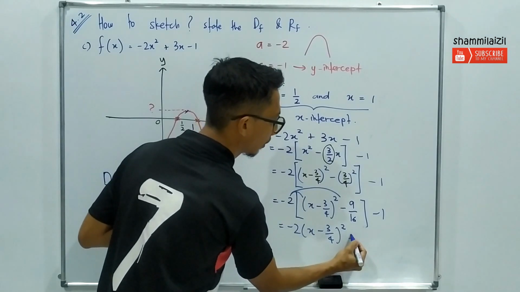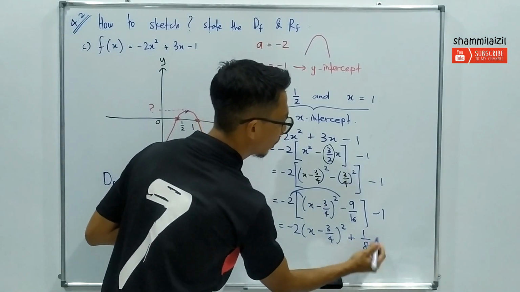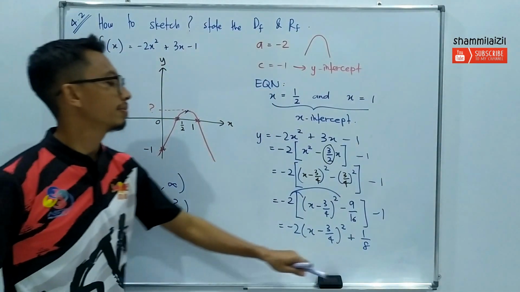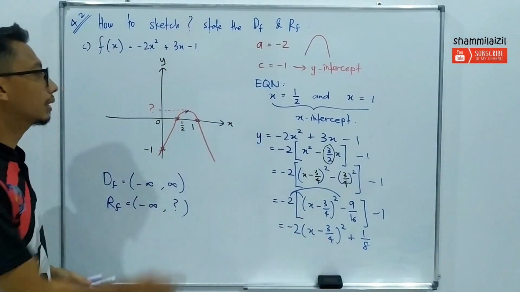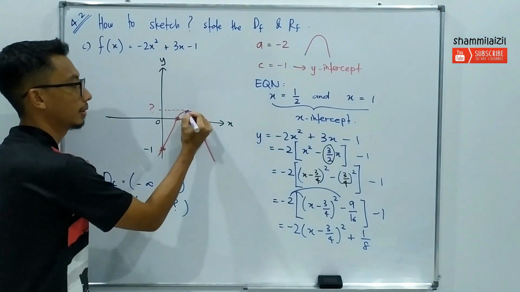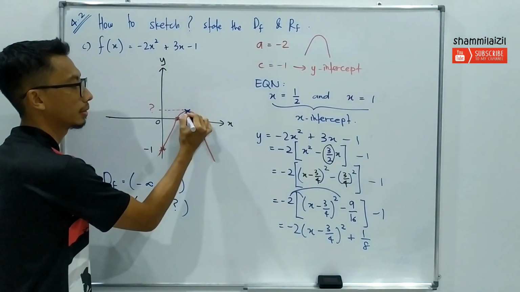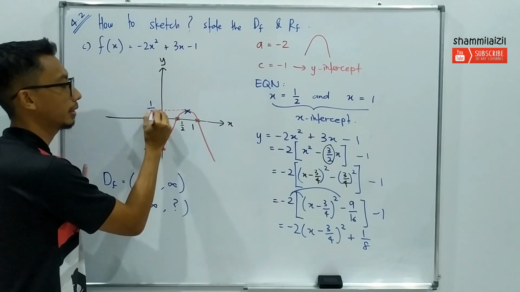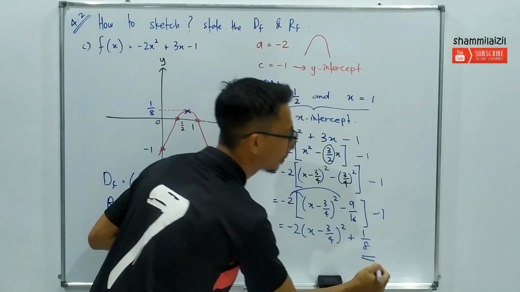1 over 8 here. I simplify it all together. Okay? So 1 over 8. Guys, what is this number? The number here is actually 1 over 8, similar to this one.